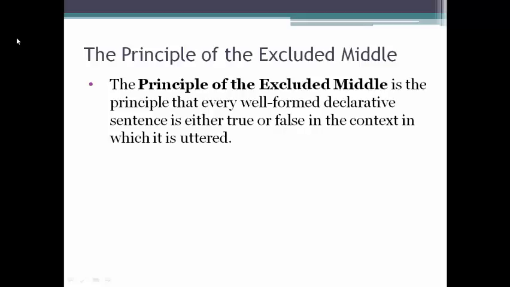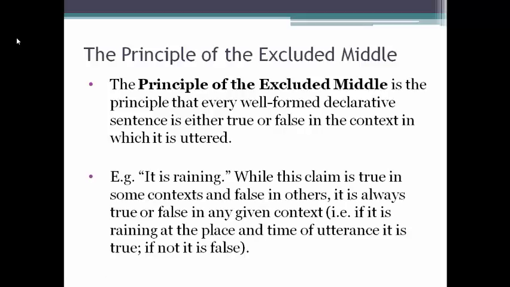But when the sentence is declarative, it's a claim being made. If it's a well-formed claim being made, either the sentence is true in the context in which it is uttered, in the context in which it is spoken, or written, or what have you, or it's not. So, for example, the sentence, it is raining.